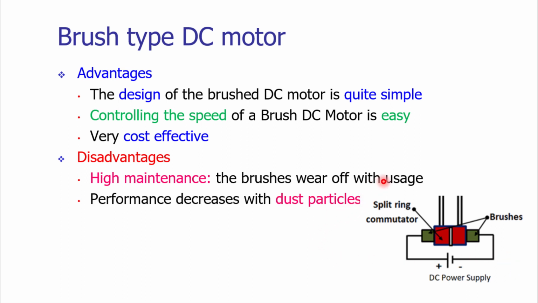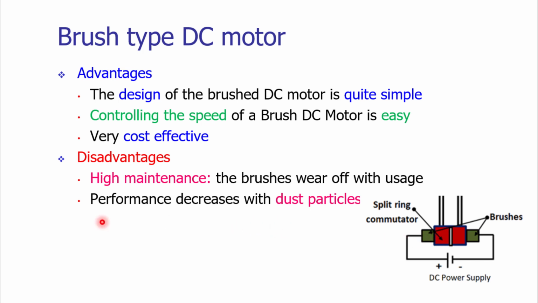If we are using this DC motor in harsh conditions where we are having dust particles, the dust particles may lodge on the split ring commutator, and that will lead to inefficient contact of the commutator with the brushes.